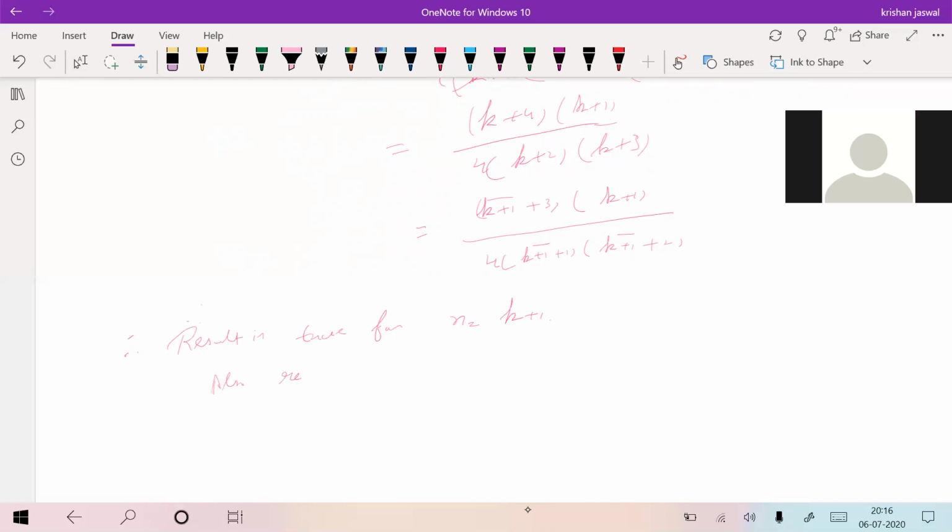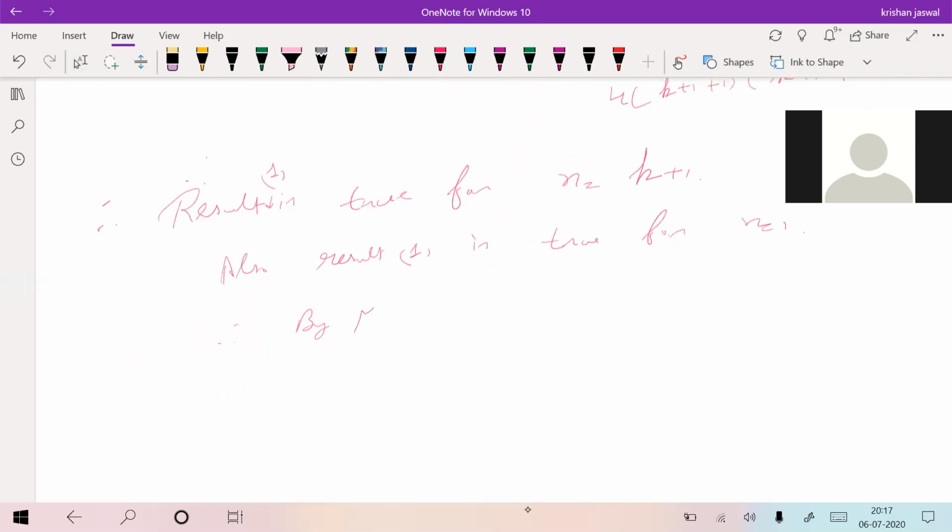Also, the result is true for 1, and therefore by mathematical induction, the method of induction, the result is true for all n belonging to natural numbers.